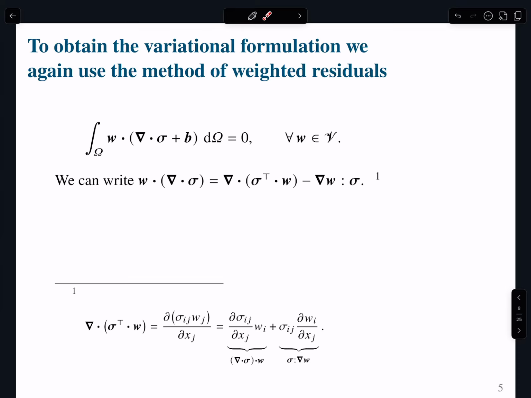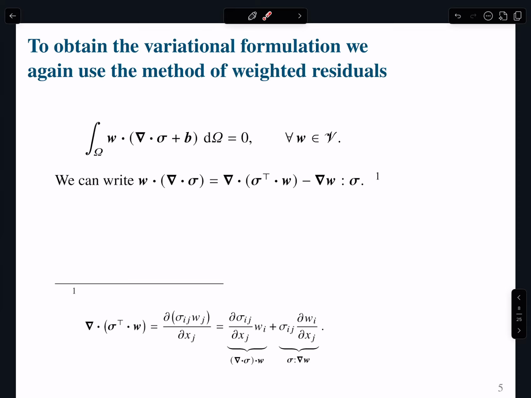We know that it holds, and that is the result of the balance of angular momentum. If I have static equilibrium, the result of angular momentum says that the cross components of the stress tensor have to be equal, so the stress tensor is symmetric. But I'm just going to keep that sigma transpose for the time being, because as you will see later, I'm not going to need that property.